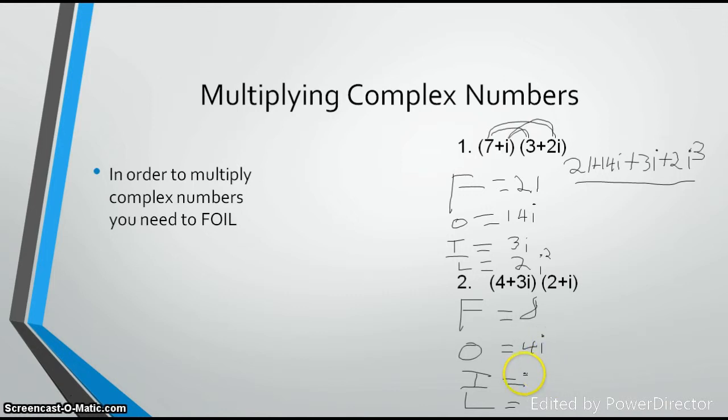Outside, 4 times i, giving us 4i. Inside, 3i times 2, giving us 6i. And last, being 3i times i, giving us 3i squared. Which gives us a total of 8 plus 4i plus 6i plus 3i squared.